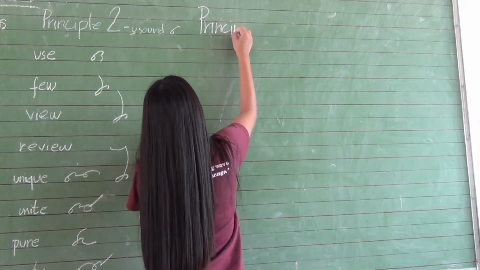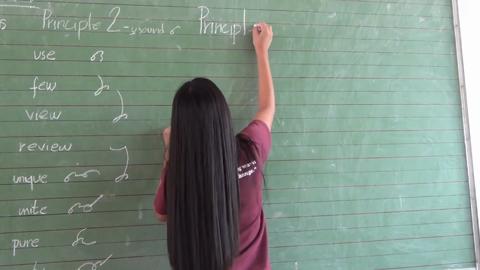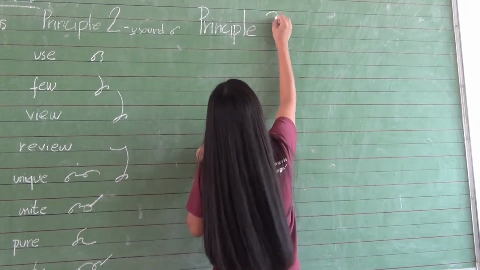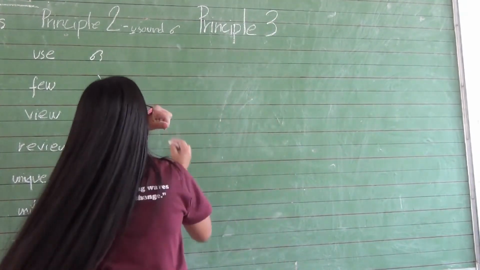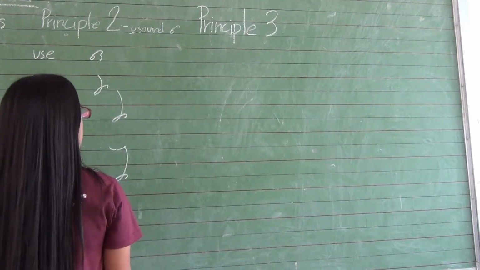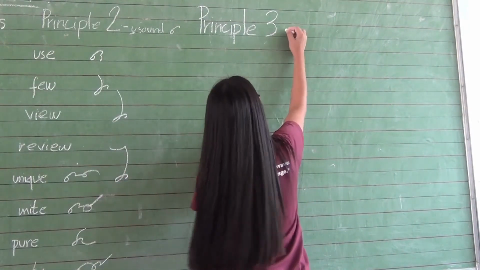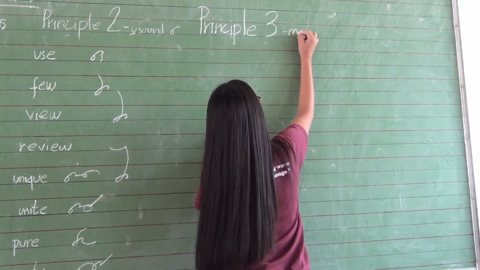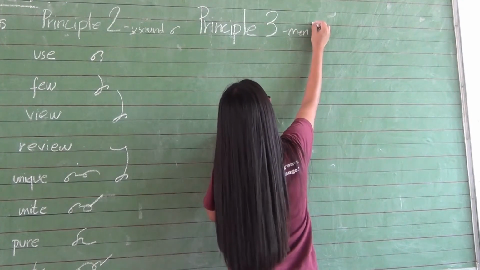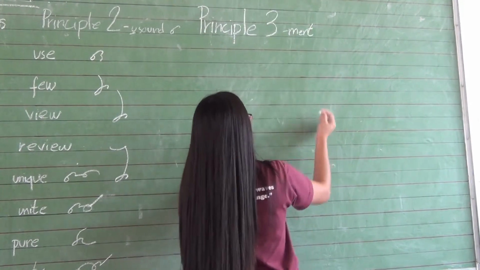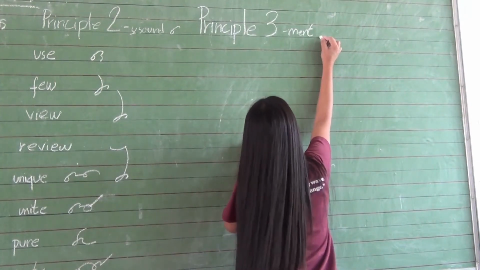Next, principle number 3, the word ending ment. It is represented by M stroke.